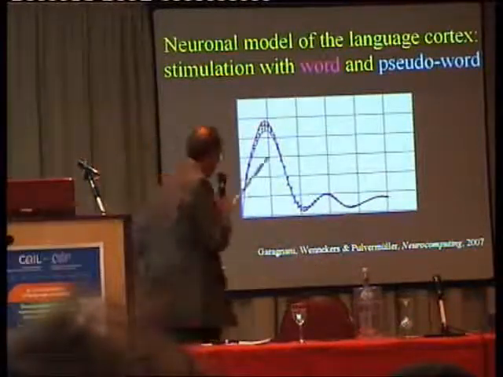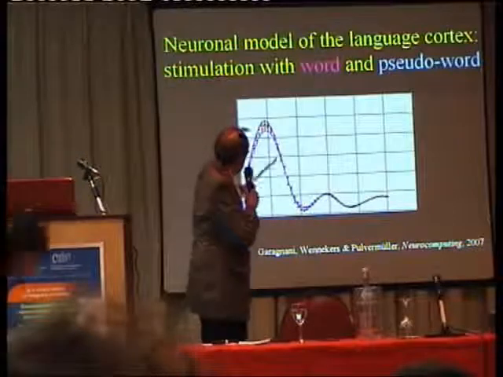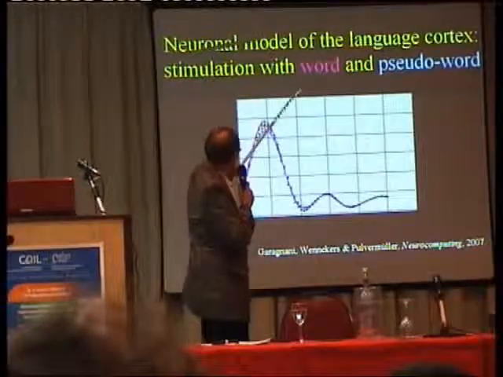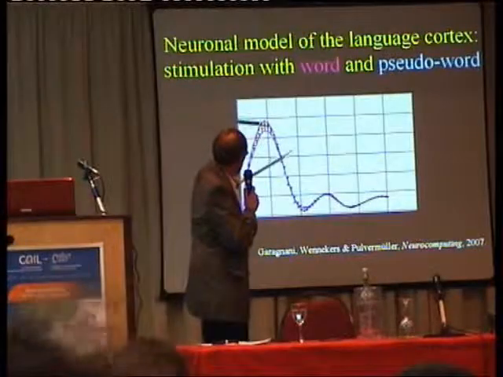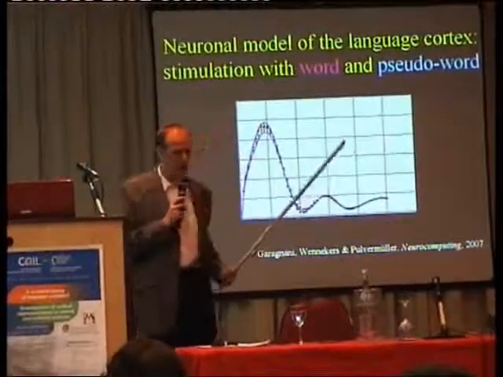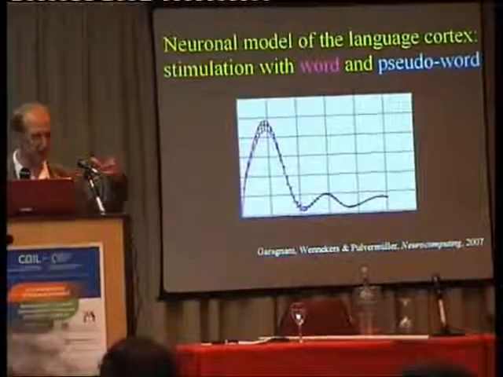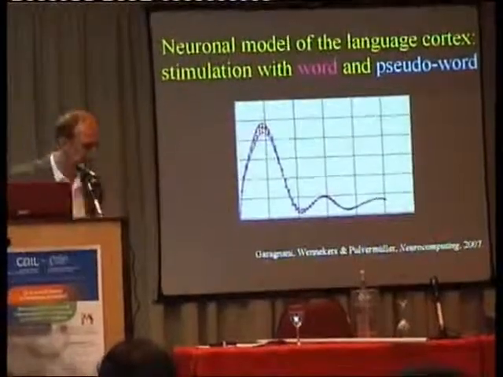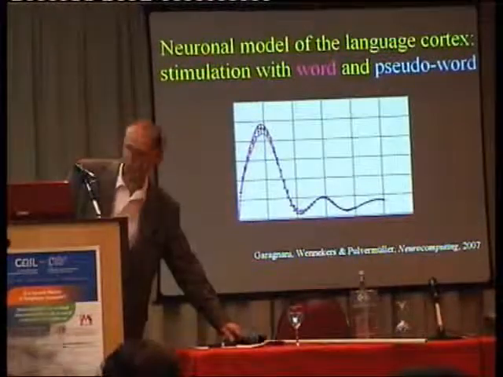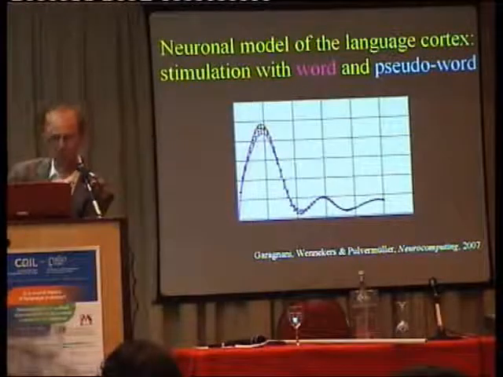Which actually, so we see here a stronger activation for the red curve with the words compared with the pseudo word activation, which is best explained by this additional activation of the lexical network in this case, which is absent in the pseudo word case.